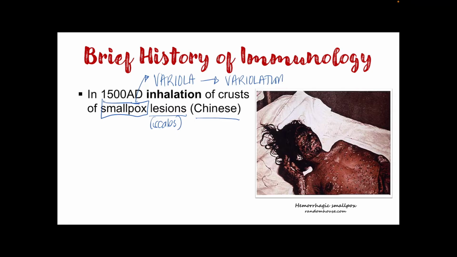The theory was that if an individual was exposed in a healthy state as a child or young adult, the effects of the disease would be minimized. It's as if the immune system was oriented to recognize the virus coming from the smallpox lesion, so if a person was afflicted with the disease, the consequences would not be that serious.